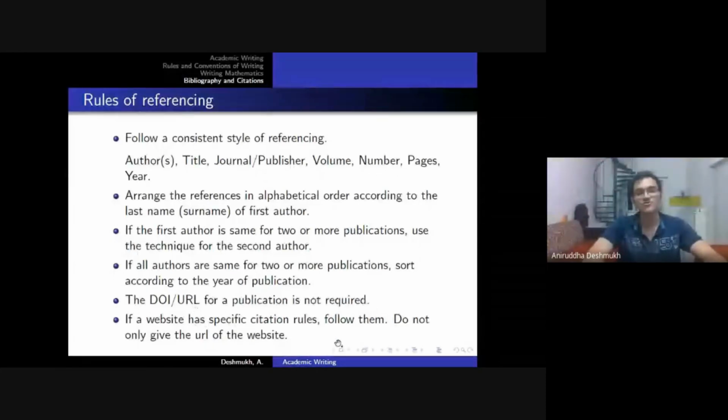You can find those rules at the end of the website, usually in the right-hand corner. If you click on that, a page pops up which tells you how to cite this particular website. You have to use those citation rules to cite it. And in case where these rules are mentioned, just remember not to give only the URL of the website.